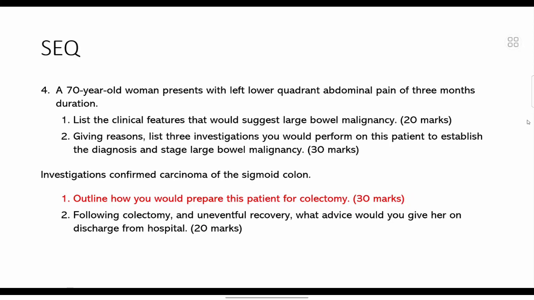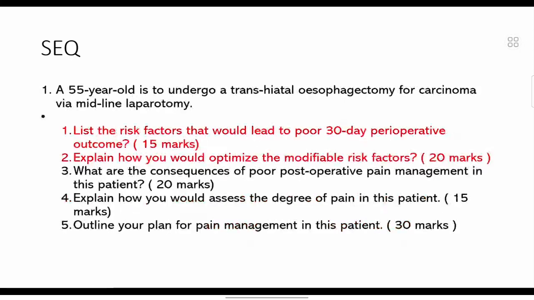So the same answer, just go through the case scenario. And if you want to write the answer, just rationalize your answer. Don't mention unnecessary investigations. If you keep that in mind, that's more than enough. And this is only a 30 marks question. So just don't mention each and everything. Just give an overall idea. Okay.